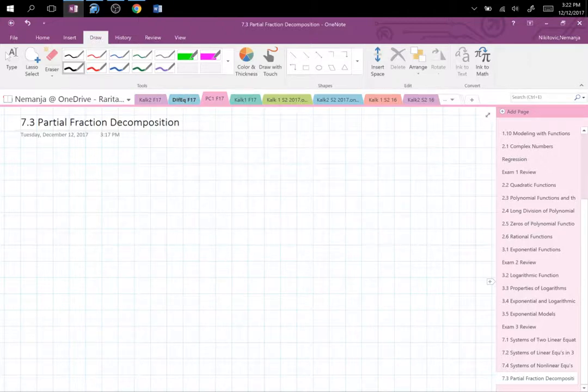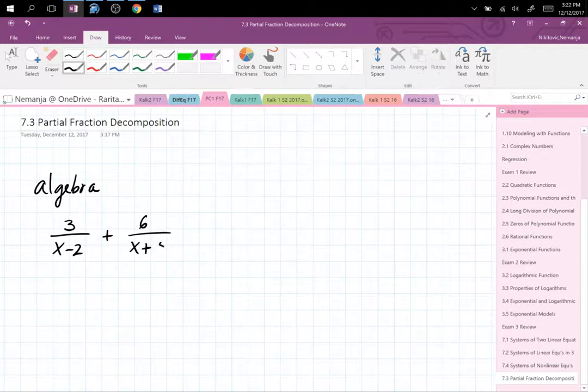Now, what is partial fraction decomposition? It is like undoing addition and subtraction of rational expressions. So, in algebra, you have 3 over x minus 2 plus 6 over x plus 5, and you want to add these.